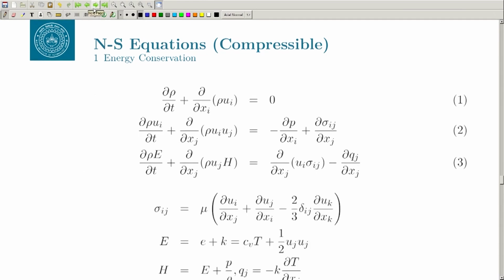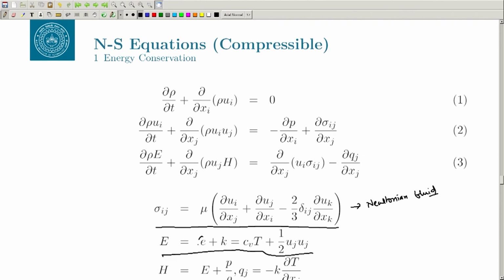So, here the stress term for a Newtonian fluid will be like this. We have assumed the Stokes hypothesis, and in the energy we are considering the total energy equation.